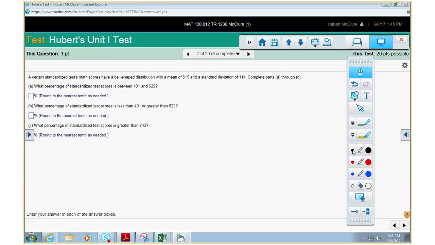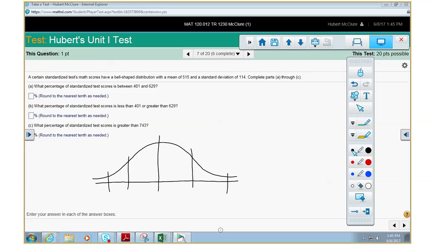All right, let's take our handy dandy virtual pencil. 515. Somebody give me the 2 to the right. 629, 743. 2 to the left. 401, 272.